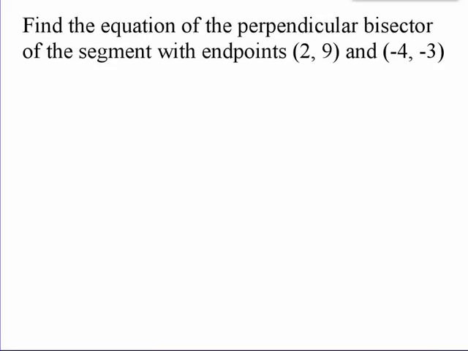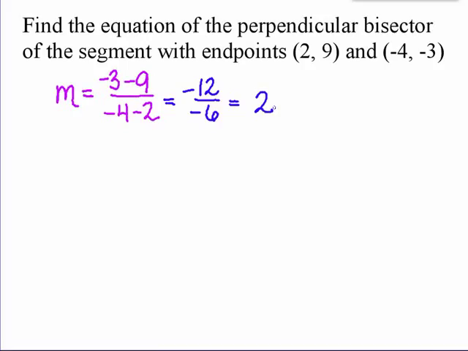So how do I find the slope here? Negative 3 minus 9 divided by negative 4 minus 2. Good. So negative 3 minus 9, which is divided by negative 4 minus 2. So my slope is 2. Now that's of this line, but they wanted the perpendicular bisector.